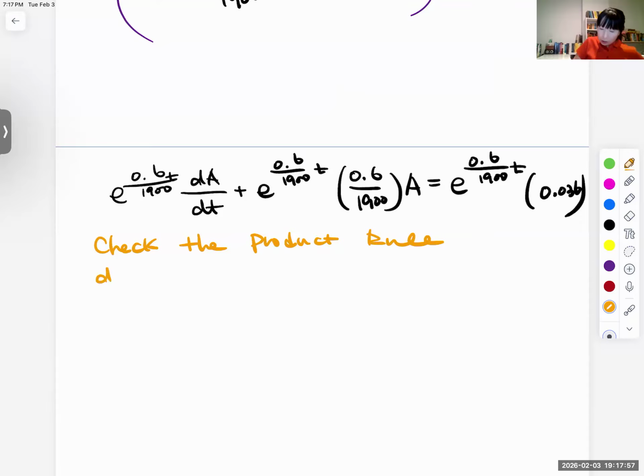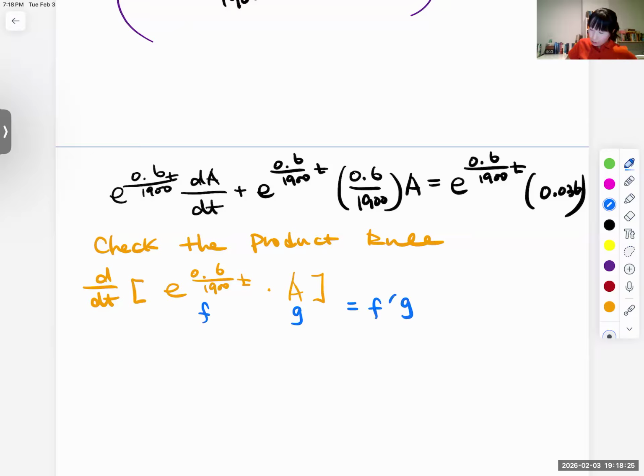Okay, the derivative of mu times y. So in that case, the integrating factor is e to the 0.6 over 1900 t. And then instead of y, we are using A, right? Okay. Look, f g, f prime g plus f g prime, right?